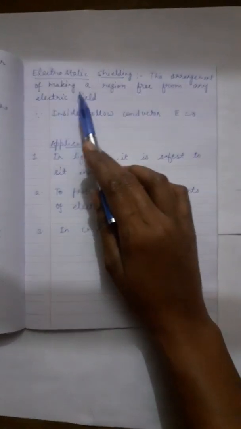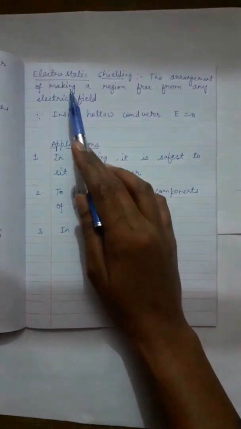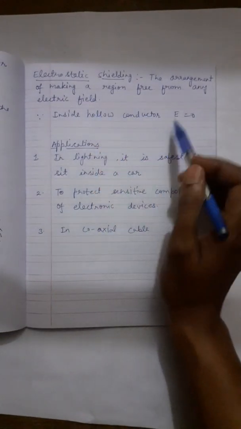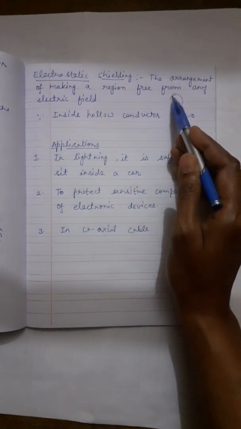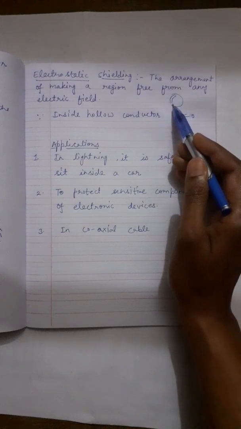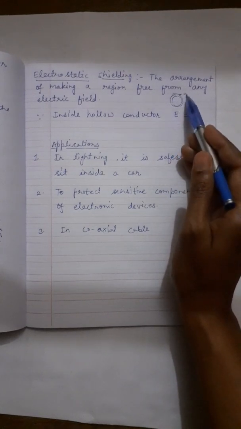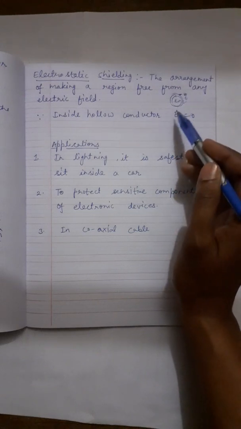The arrangement of making a region free from any electric field is called electrostatic shielding, because from the fourth property we know that if the charged conductor is hollow, meaning charge is there, then inside this cavity the electric field is zero.